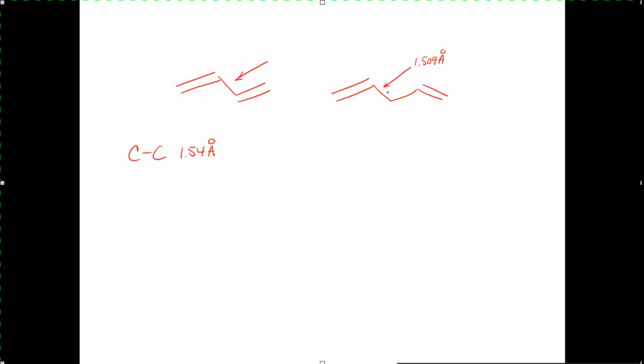So to be honest, the single bond shortens up a little bit when it's attached to a double bond in this isolated system. Now, a carbon-carbon double bond length is about 1.34 angstroms in length.